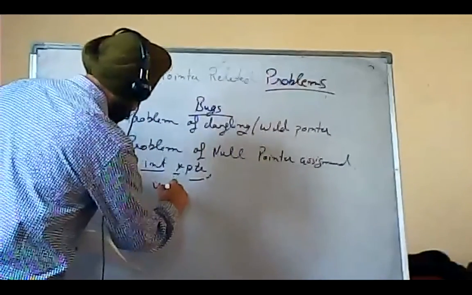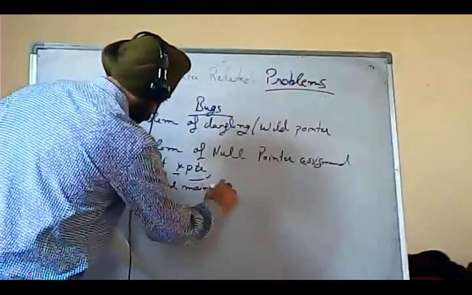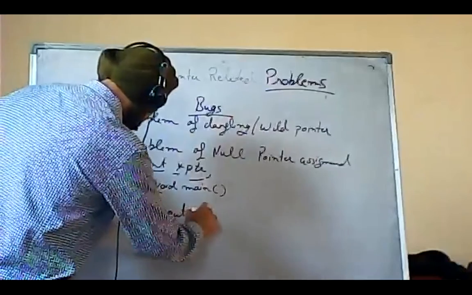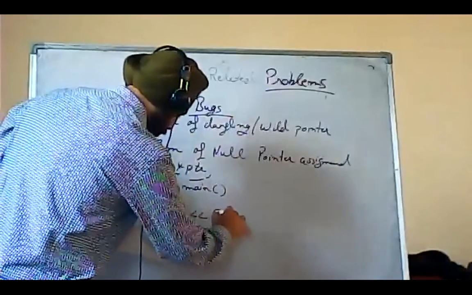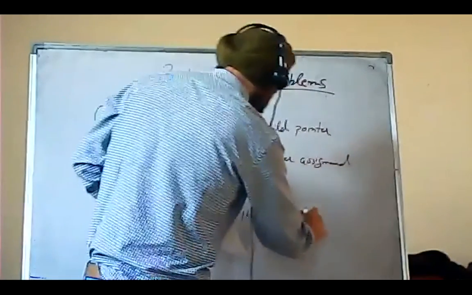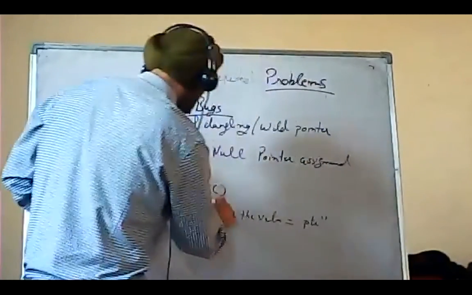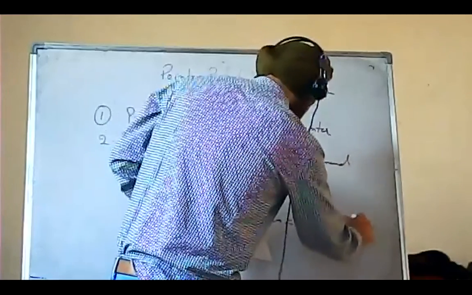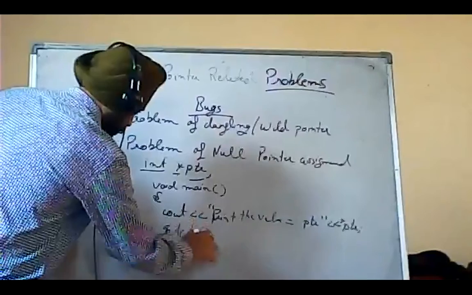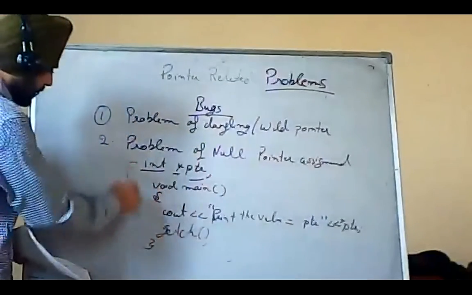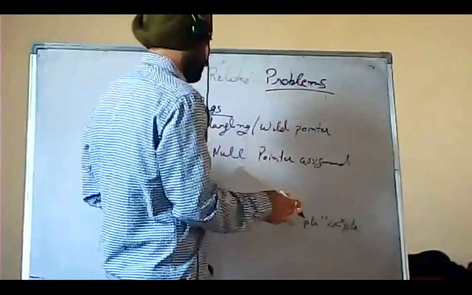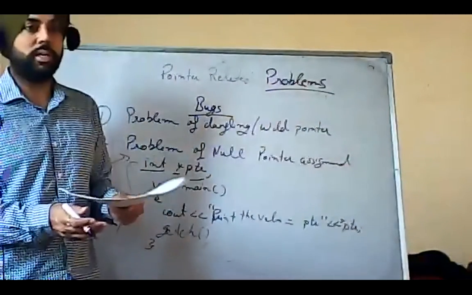Then after that, I am going to start our main function, and print the value of the pointer, and getch. So this is the second problem, the problem of null pointer assignment, when we assign the null pointer value to the particular pointer.